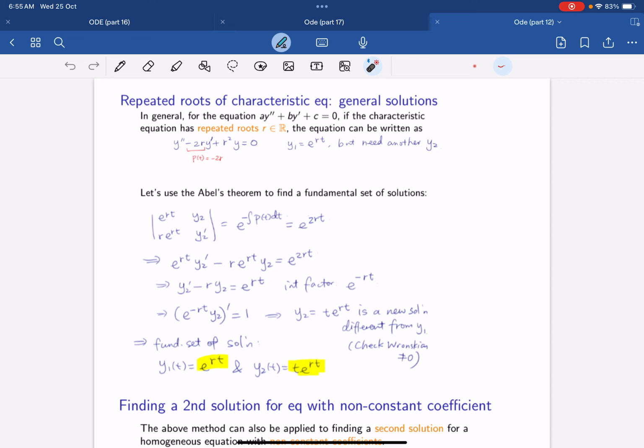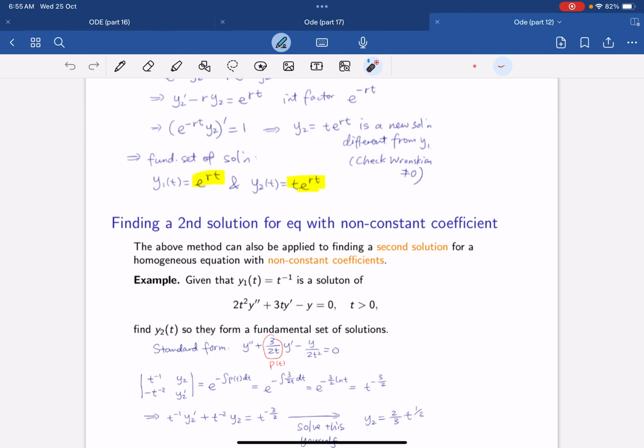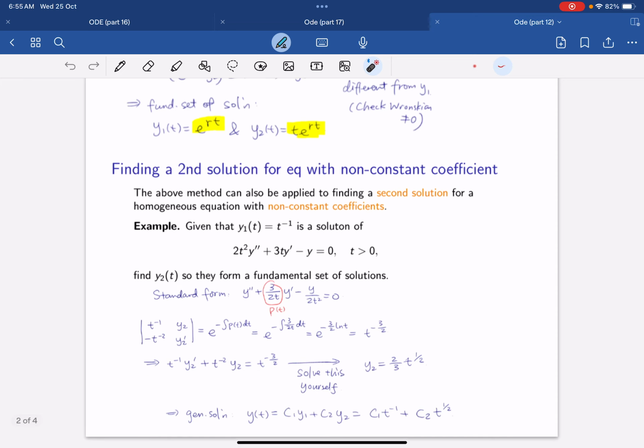So the fundamental set of solutions is y1, which is e^(rt), and y2, which is t e^(rt), which is t y1. Now that's a good example of when the equation has real coefficients.